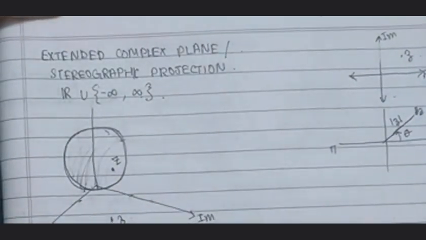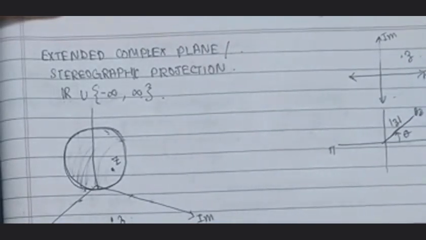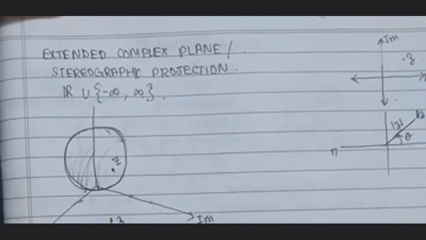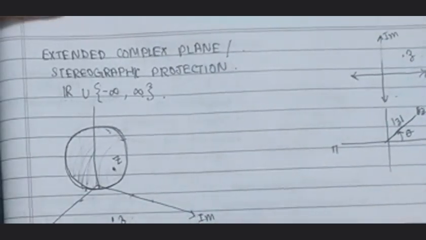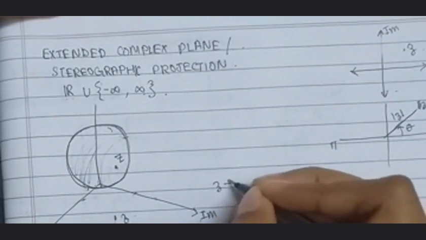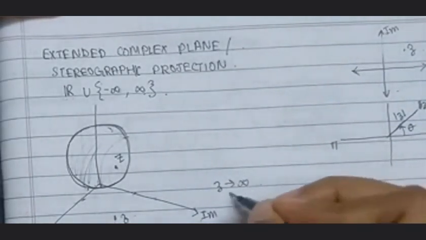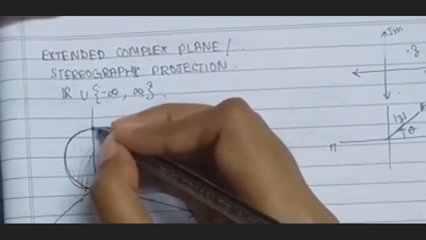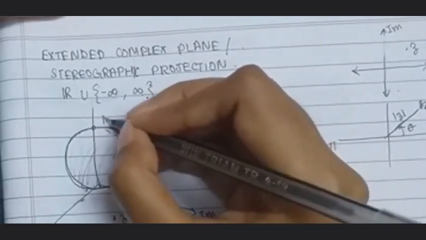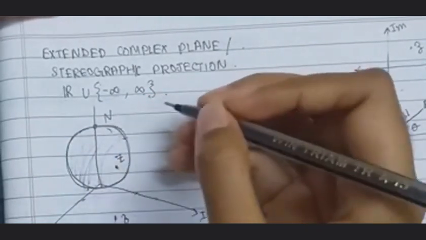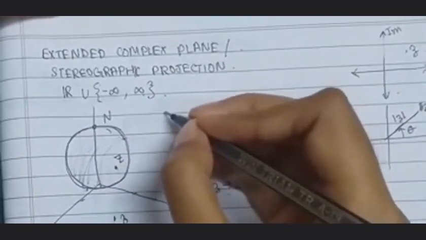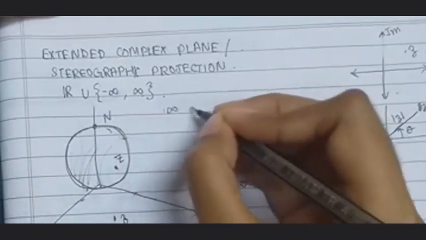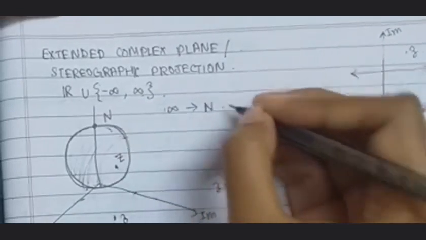And in this way, if you do it for all the points, you will only be left out for one point, that is infinity. What happens when z tends to infinity, right? That we represented using this point. This point is also known as the North Pole, right? And the point infinity is mapped to the North Pole.